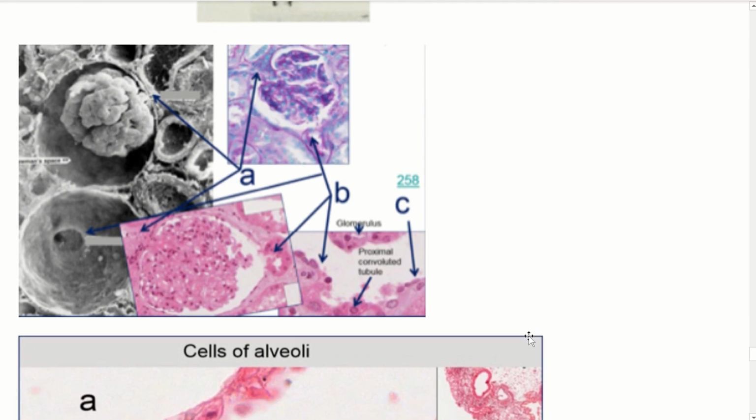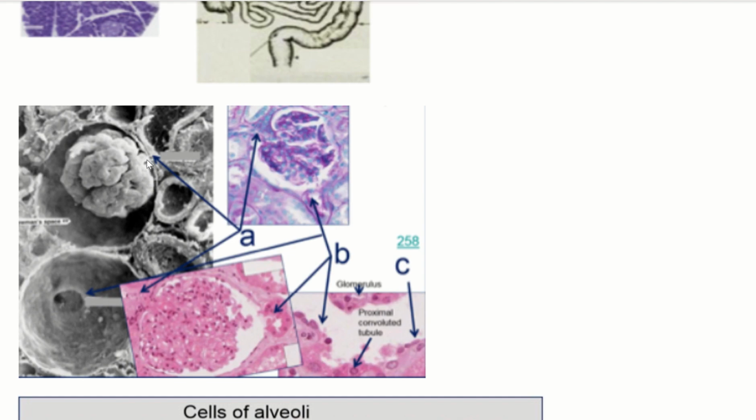Okay. Here, so this is a glomerulus in the kidneys. And so A, right here, is going to be pointing to the vascular pole of the glomerulus. So this is where all the blood is entering the glomerulus and leaving the glomerulus after it gets filtered.